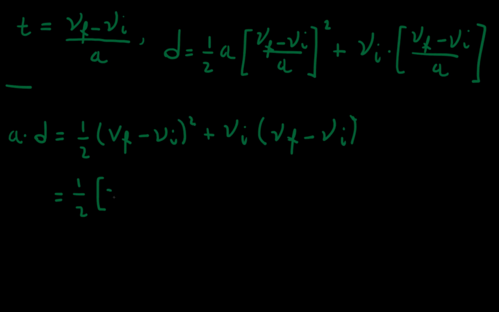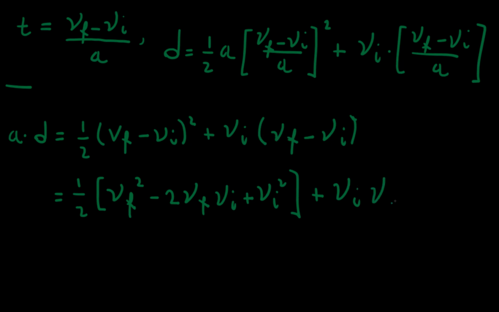So this turns out to be velocity final squared minus 2 velocity final velocity initial plus velocity initial squared. And I'm going to just go ahead and distribute these. So this is velocity initial times velocity final, and this is going to be minus velocity initial squared.